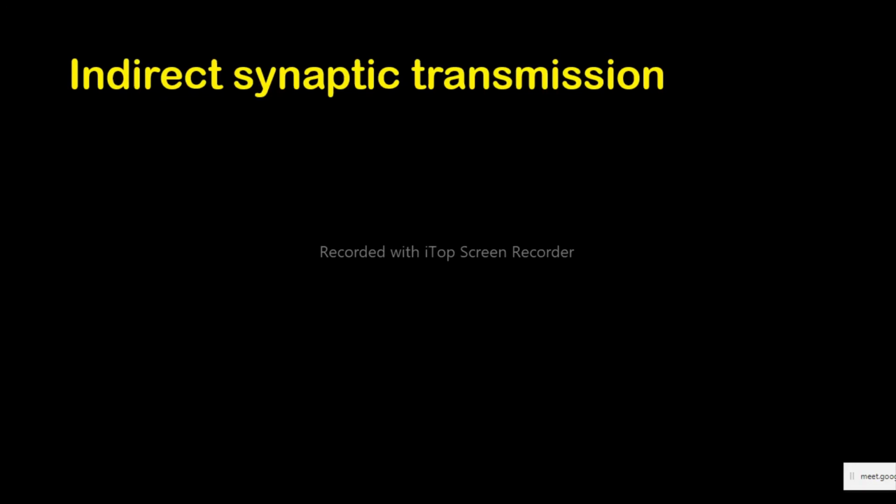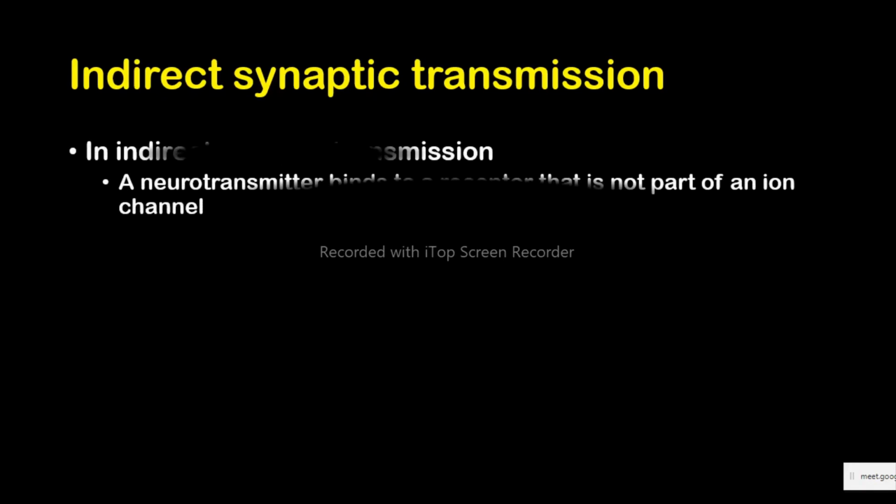But with indirect transmission, the binding of a neurotransmitter doesn't open the ion channel. It doesn't open the influx of sodium ions. It doesn't lead to depolarization of the membrane. There is totally no depolarization here, and you don't open the ligand-gated channels.